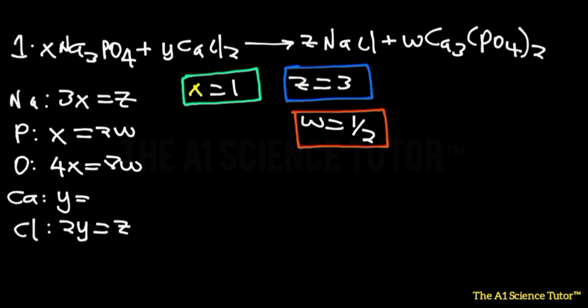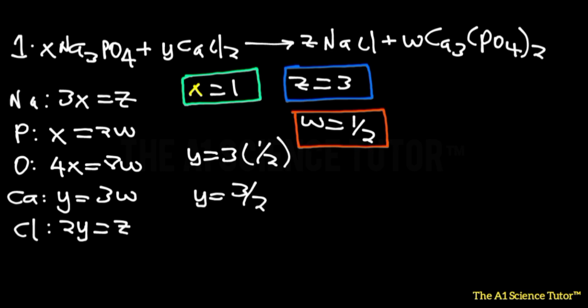For calcium, on this side we have y atoms of calcium, but on the right hand side we have 3 atoms, multiplied by w, so that will be equal to 3w. This is what's supposed to be here; this is the correct one. Now we need to find y. Let's use this equation: y is equal to 3w. So y will be 3 multiplied by 1/2, which gives us 3/2. So y is equal to 3/2.